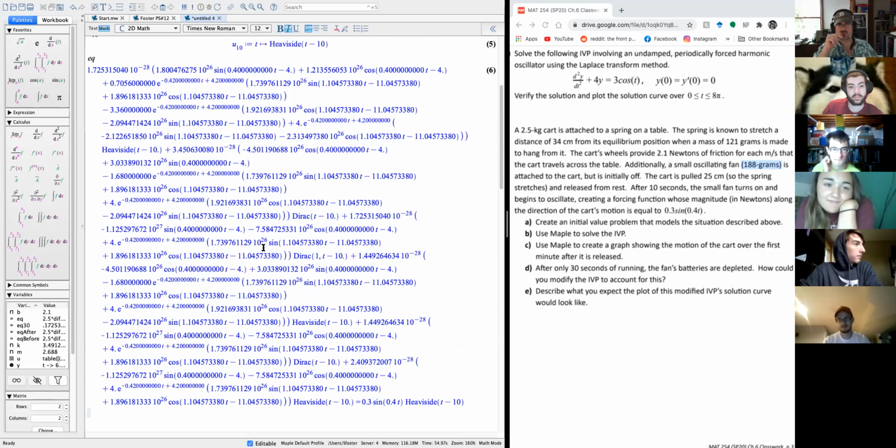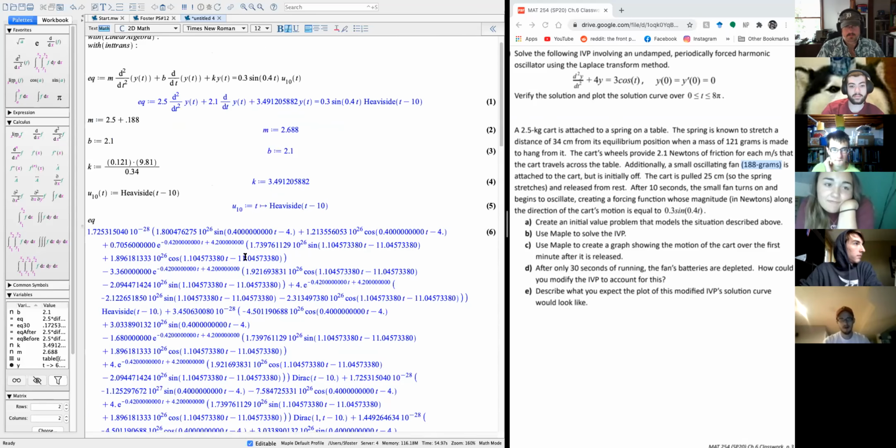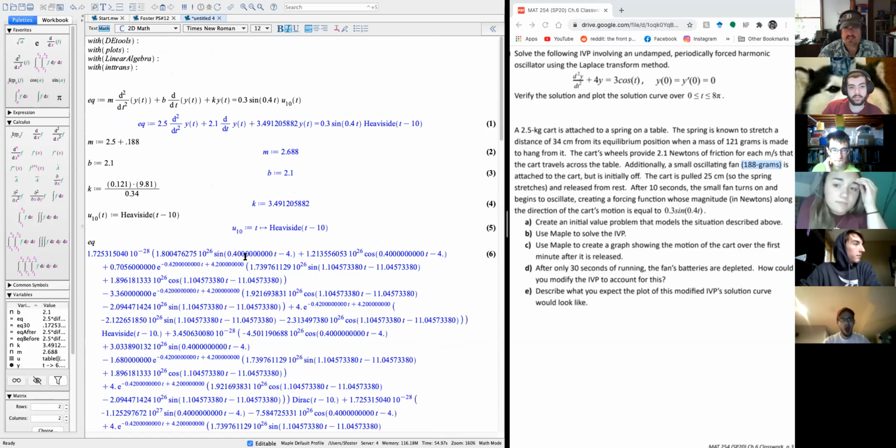But before we do that, can you scroll back up? So the right-hand side of your differential equation is 0.3 sine 0.4t times the Heaviside function of 10. So what that tells me is at t equals 10, suddenly the switch gets flipped, right?